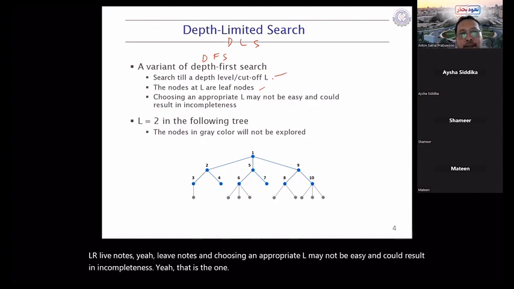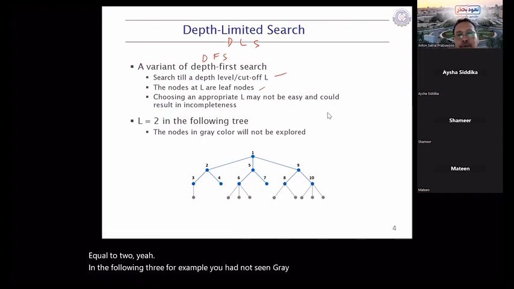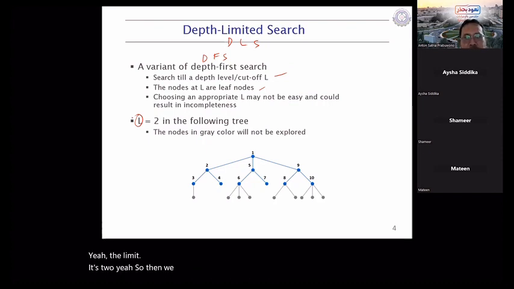For example, with L equal to 2 in the following tree, the nodes in gray color will not be explored. So if we say the depth limit is 2 here, then we just go to depth 2, starting from here.